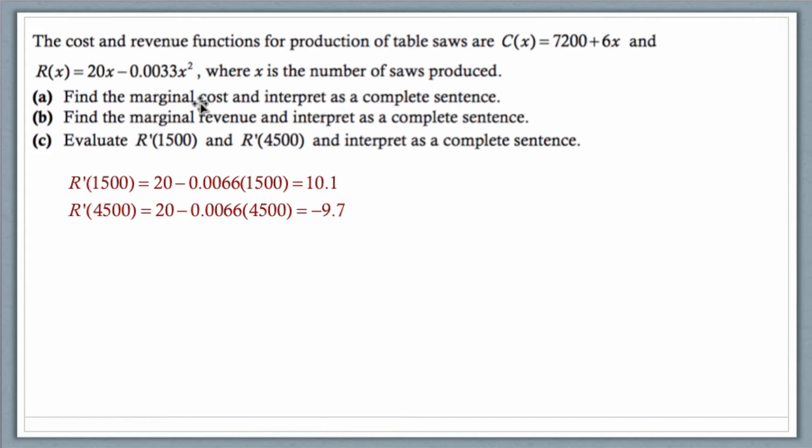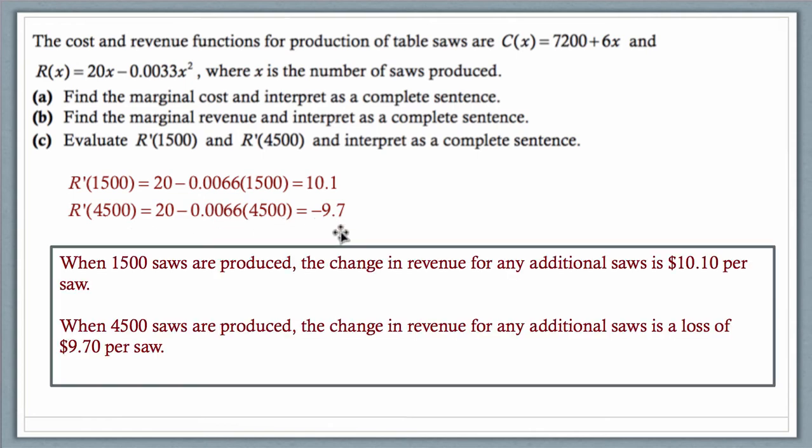So when 1500 table saws are produced, my marginal revenue here is 10.1. When 4500 table saws are produced, my marginal revenue is negative 9.7. So when I produce 1500 table saws, the change in revenue for any additional saws is going to be an increase of $10.10 per saw.